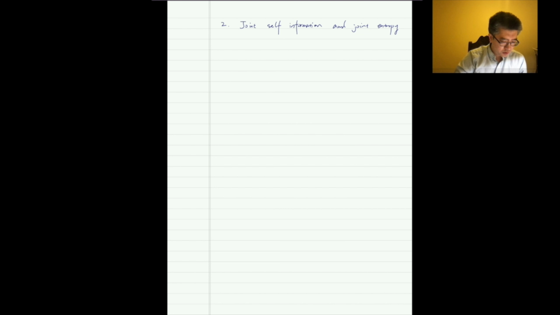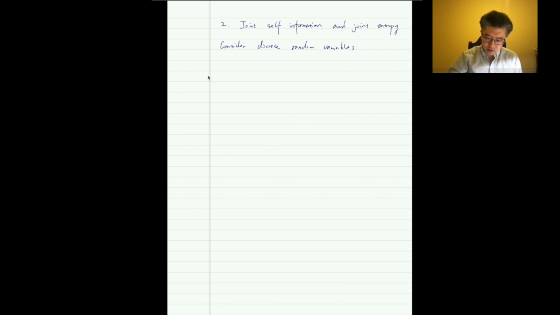Here let's consider discrete random variables. If you forgot, discrete here means that the calligraphic X is finite, and it only takes discrete values instead of continuous values.